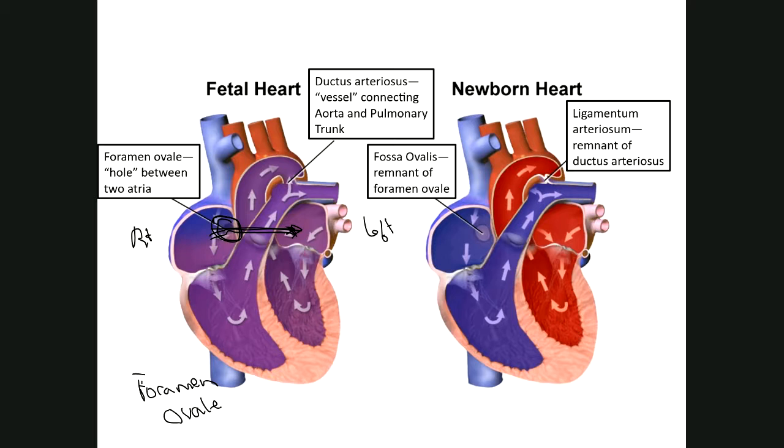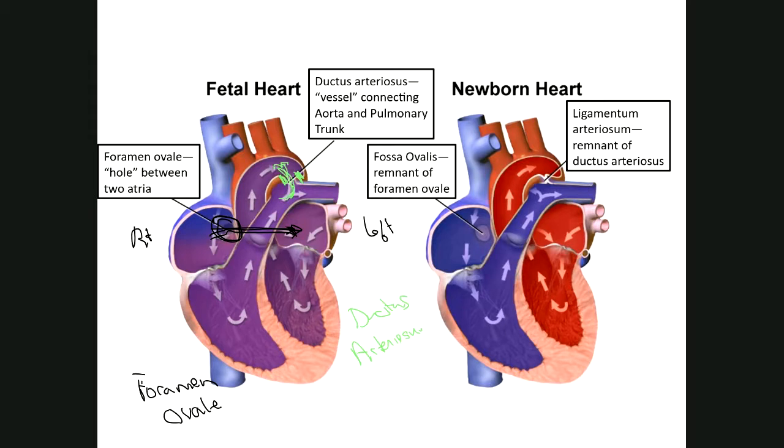And then there's another one. There's an actual vessel right here that connects the pulmonary trunk to the aorta. That is called the ductus arteriosus. And the ductus arteriosus shunts blood from the pulmonary trunk into the aorta.